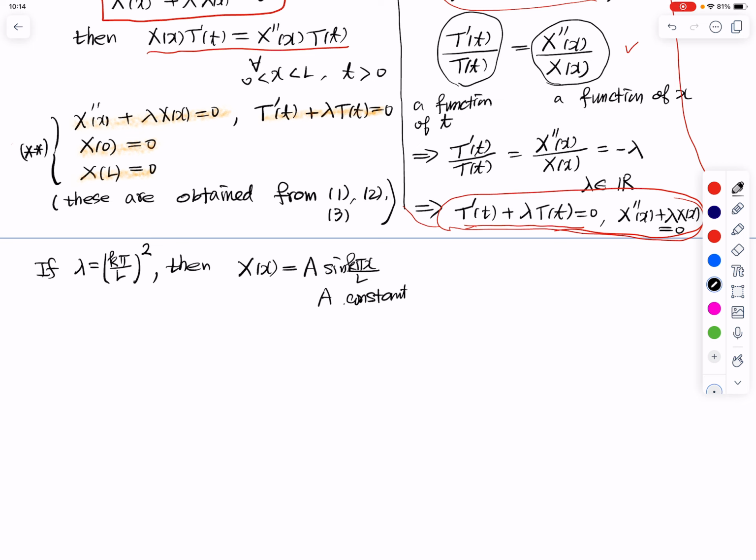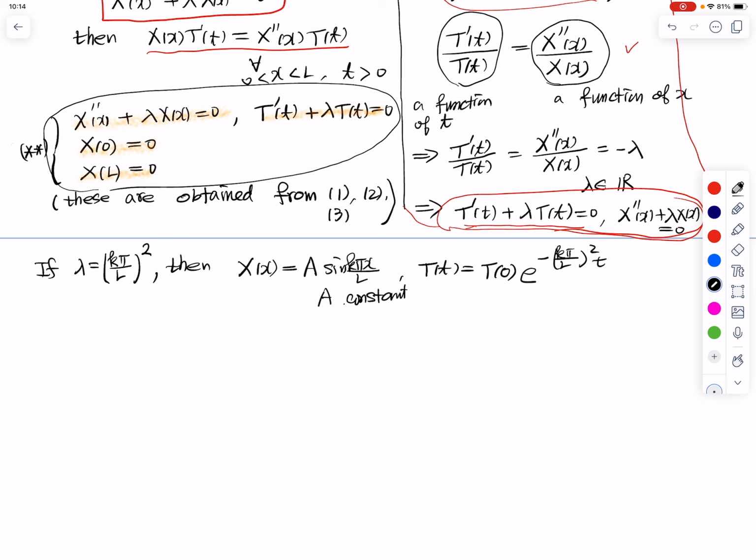And then at the same time, you solve this X and T, satisfying this equation at the same time. So then you got T equals also T0, exponential minus k pi over L squared t. Okay, this is the equation we have.